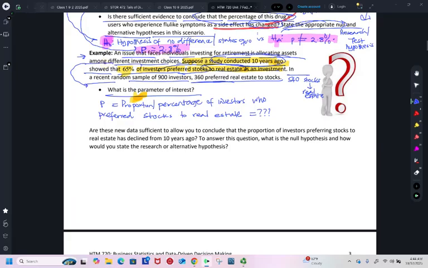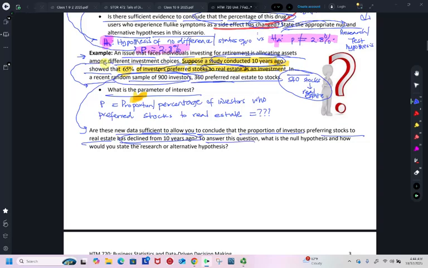Well, we have gone out to collect data from 900 investors, and we have that 540 prefer what? Stocks to real estate. Does the evidence in this new random sample data provide sufficient evidence to allow you to conclude that the proportion of investors preferring stocks to real estate has declined, has fallen from what it used to be 10 years ago?